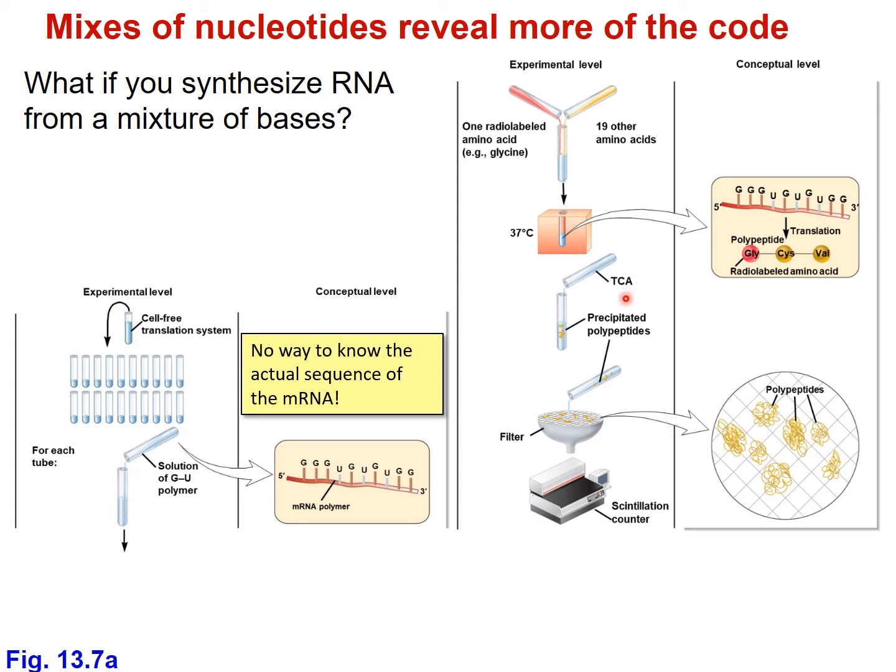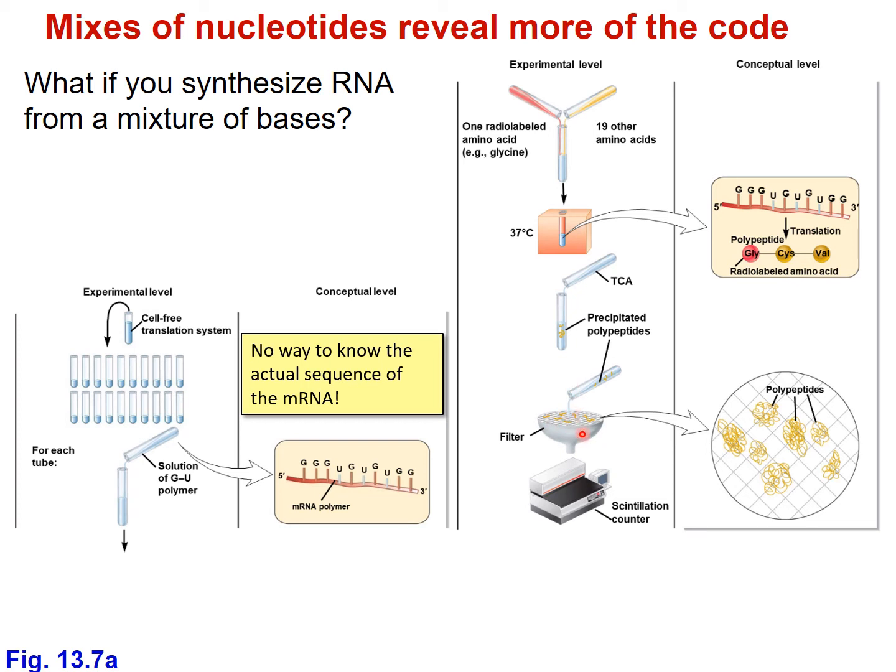The way that's done is using a chemical called trichloroacetic acid, or TCA. When you add that to this solution, any polypeptides that form, so longer chains of amino acids, will precipitate. They will come out of solution and no longer be soluble. You take that and dump it onto a filter paper on top of a vacuum source.